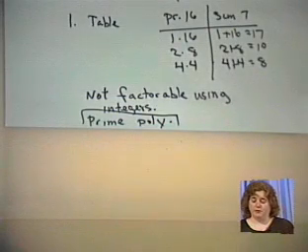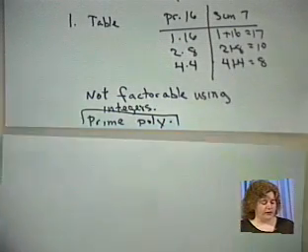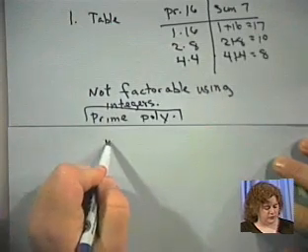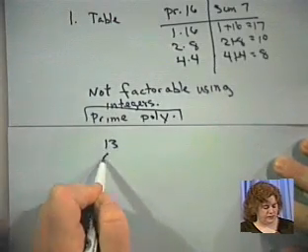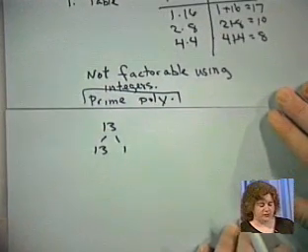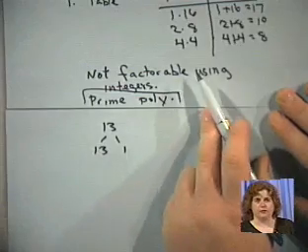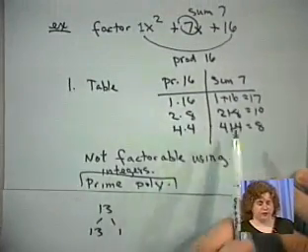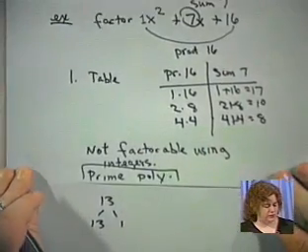Just like you have prime numbers, where the only factors are the number itself and 1, numbers like 13. If you make an old-fashioned factor tree, 13 factors as 13 and 1, and that's it. That's a prime number. You have a prime polynomial here because you can't factor it. Your product-sum table shows that you're not going to be able to undo your FOIL.